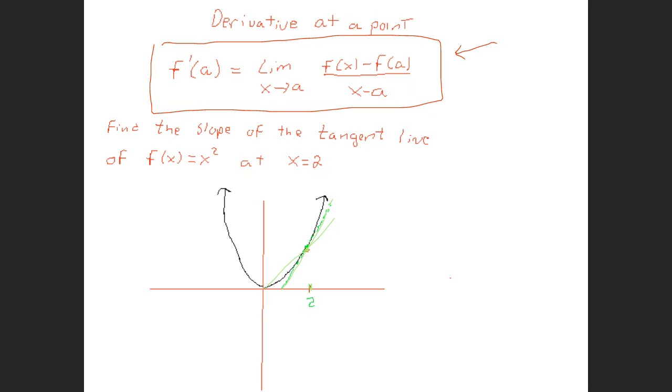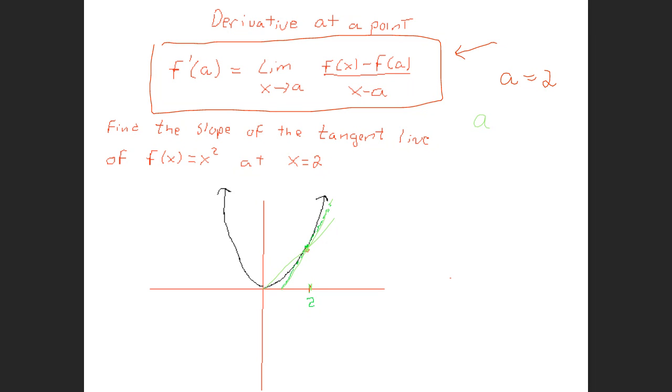So in this problem, my A value is going to be 2. So how do we use this formula? Well, f of x really means just plug x into your function. Well, my function is x squared. If I put x here, I just get x squared.